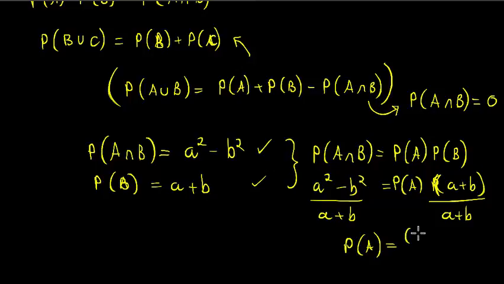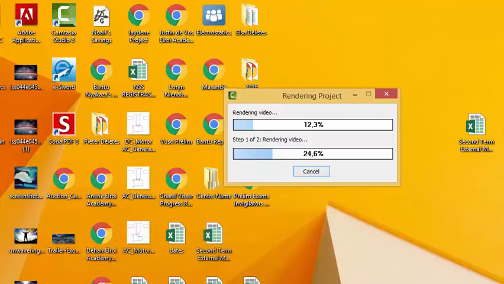The top goes A minus B, A plus B, over A plus B. The A plus B cancel, and that's why P(A) is equal to A minus B.